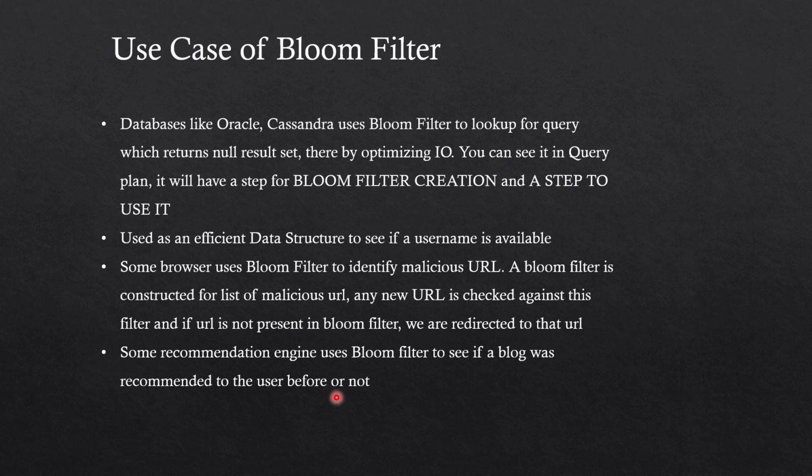If it was already recommended, maybe it is not required to be recommended this time. So wherever you have a scenario like recommended or not recommended, and your next step will be based on the negation output, which means that if it is not present then I need to do something very fast, that is where Bloom filter comes into the picture.